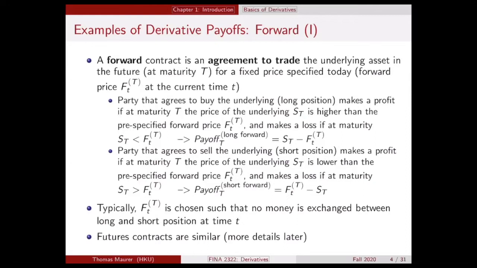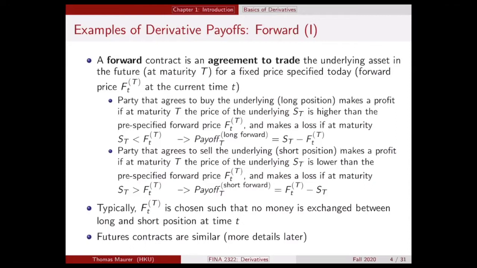Overall, we can write his payoff at the maturity date as the forward price which he receives, since he agreed to sell the underlying asset, minus the price of the underlying asset, because he has to deliver that underlying asset, which is worth S at time T at the maturity date.